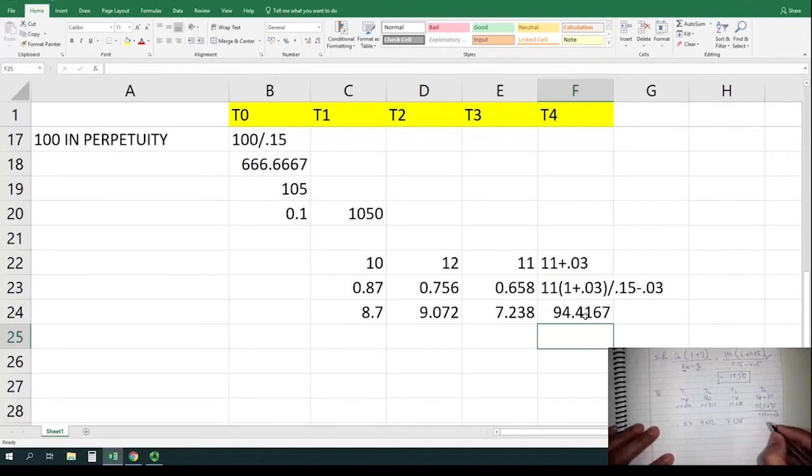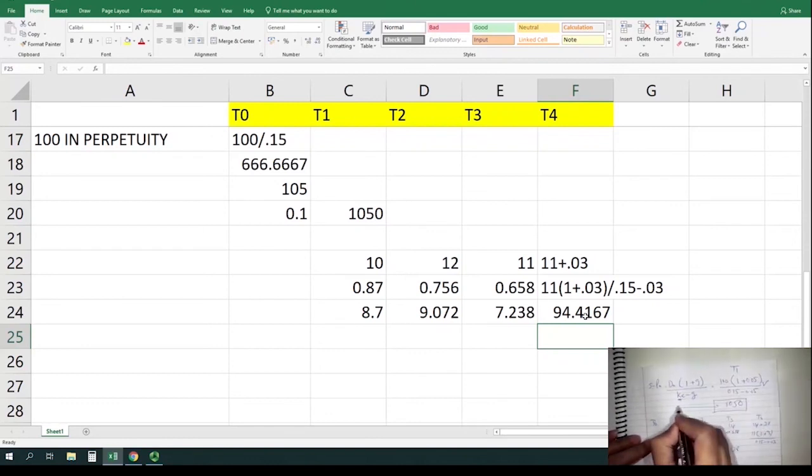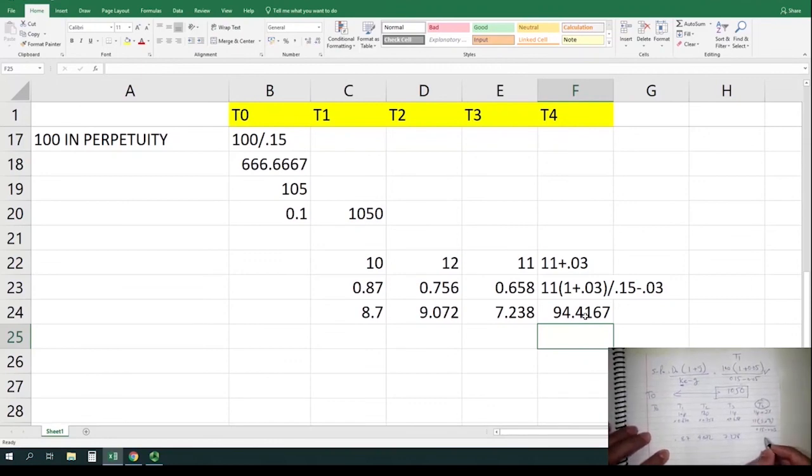7.238. When you apply this formula, what we did, we applied this formula at T1 and it gave us the value at T0. So this formula brings the cash flows 1 year back. So when you apply it at T4, it actually would give you the answer at 94.42 at T3.